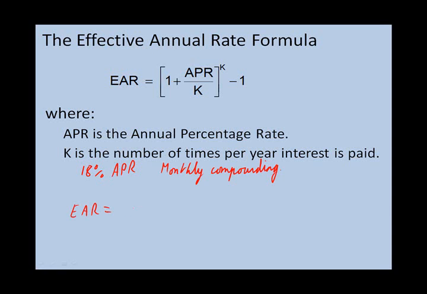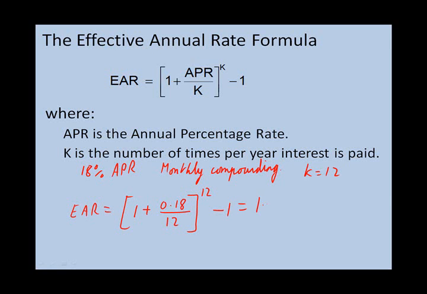Using this formula, we would do 1 plus the APR, which is 0.18, divided by K. K is equal to 12, because it's monthly compounding. And all of this is to the power of K, so to the power of 12. And then we subtract 1.